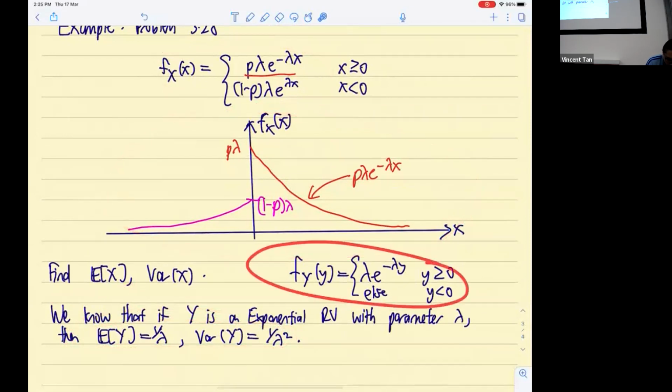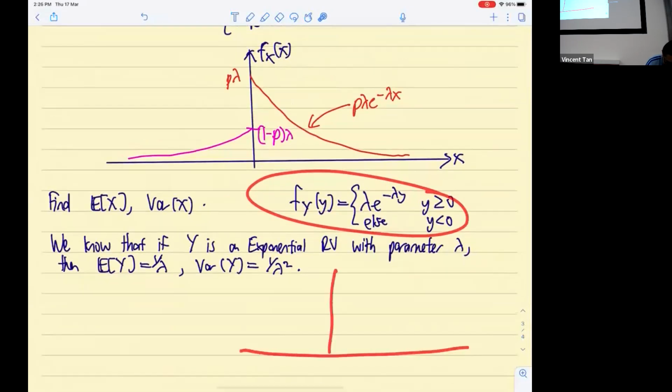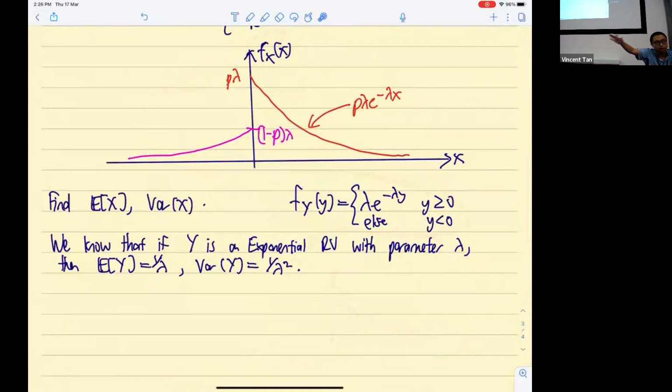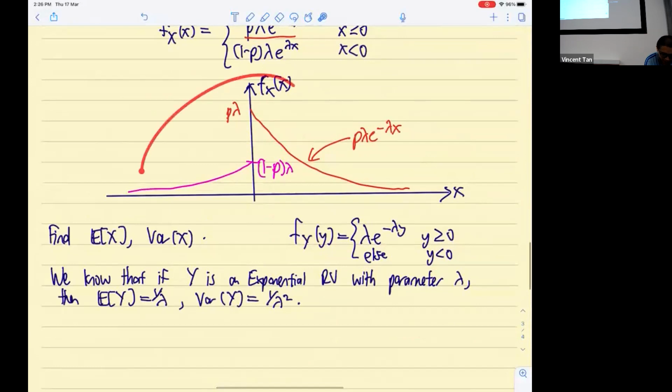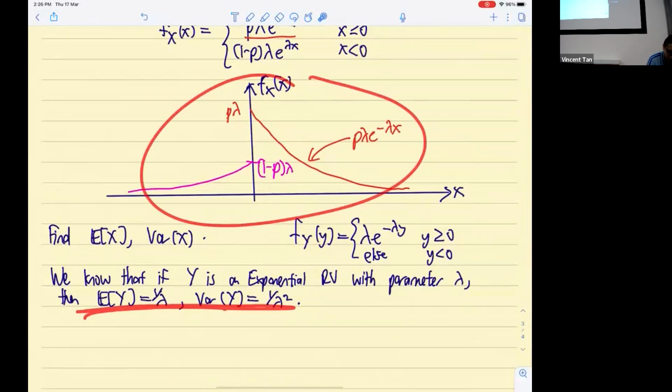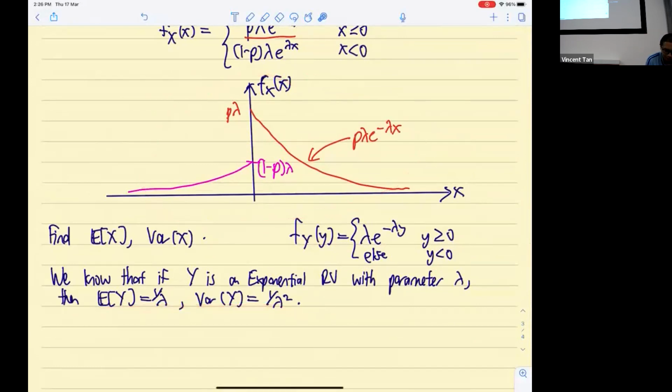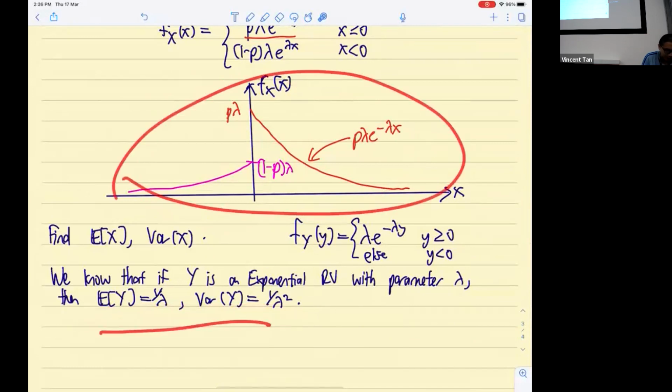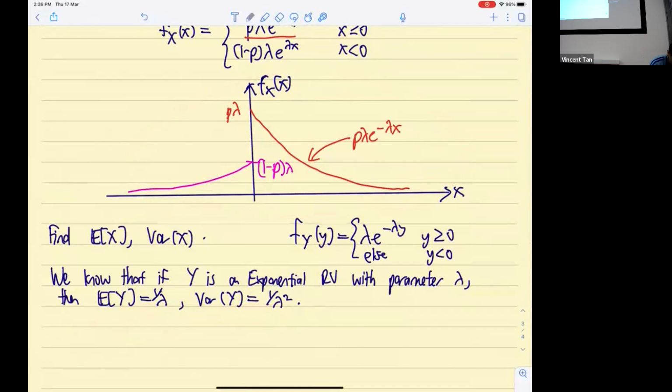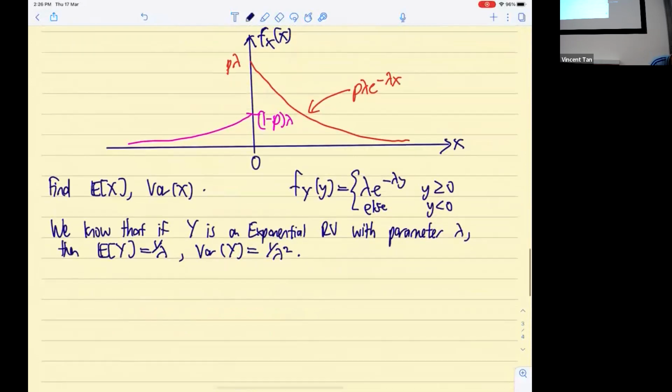This simple random variable only has support on the positive real line, but this random variable has support on both sides, all over the real line. It looks very difficult if we go and integrate this. But if we have done this before for exponential random variables, then we can maybe make use of this to figure out the statistics of our x random variable. So it makes sense to define our event A to be x non-negative.